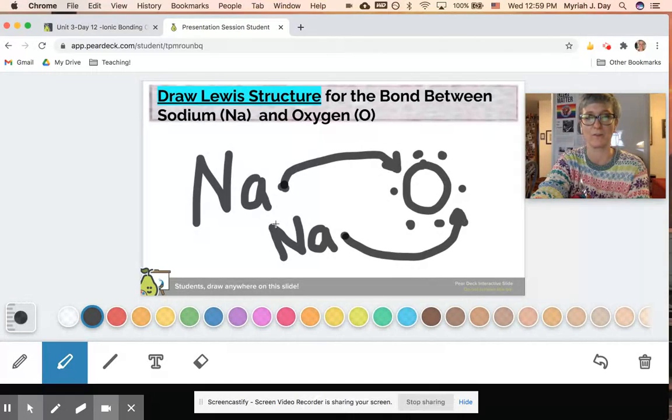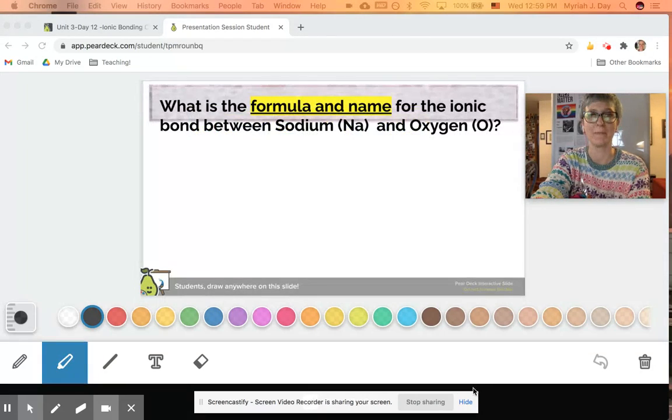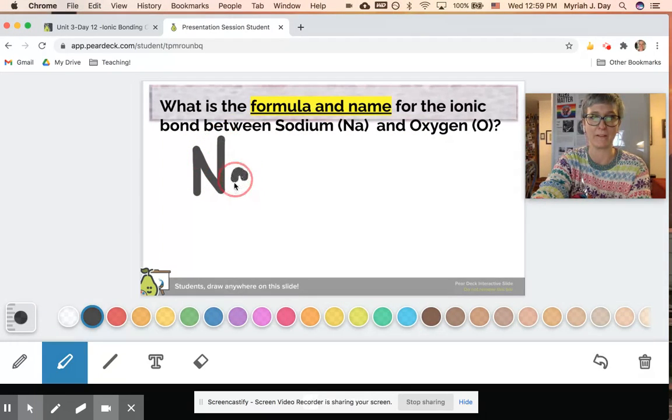So notice there's 2 sodiums for 1 oxygen. So to write this formula, you would have Na, uppercase N, lowercase a, the little 2 below, and an O for oxygen.